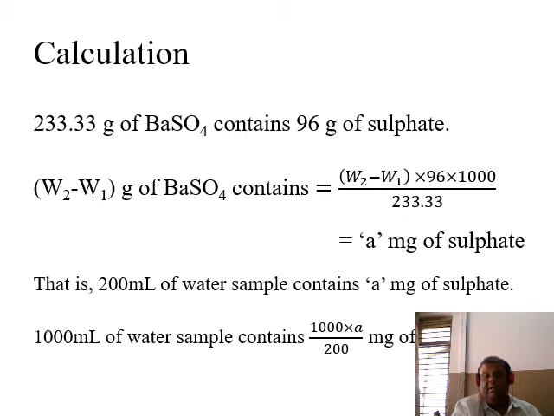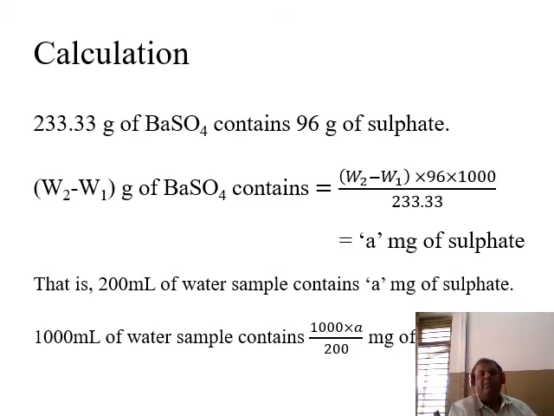But for 1 liter of water, it is 5 into A, which can also be written as 1000 divided by 200 into A milligram of sulfate. So this is how one can go for the calculation of sulfate present in the water.